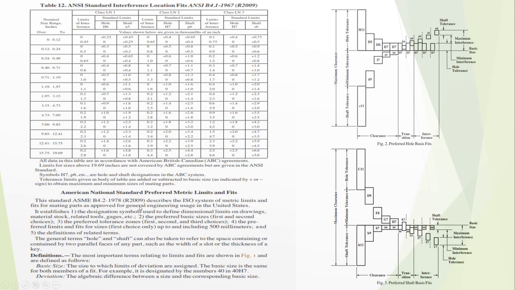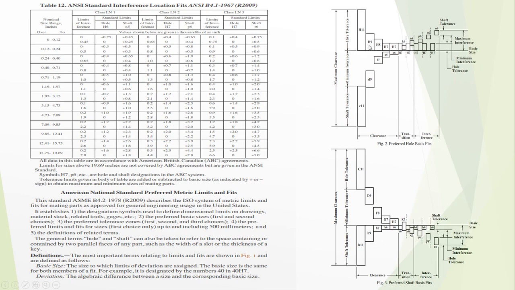And then in this ASME section B4.5, the preferred metric fits and limit systems, we use these names instead of running and sliding fits or locational clearance fits, with these three names: clearance, transition, and interference fits.